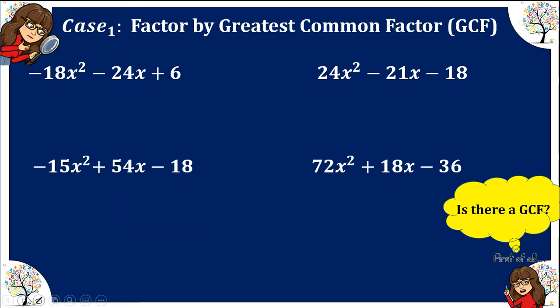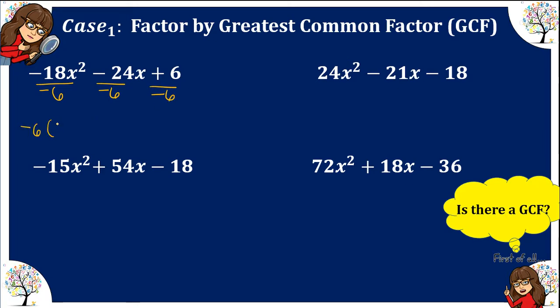Now pause the video and try these. Then when we come back, we will go over them together. In the first problem, our leading coefficient is negative, so we're definitely going to factor out a negative, and it looks like negative 6 is the GCF.